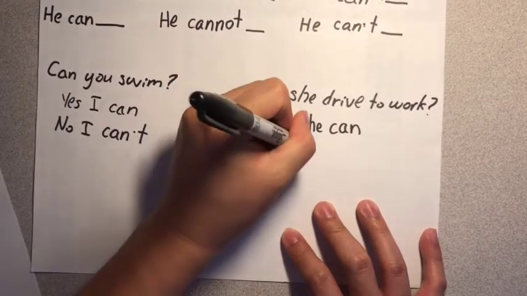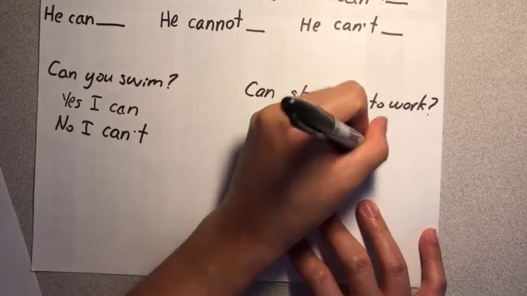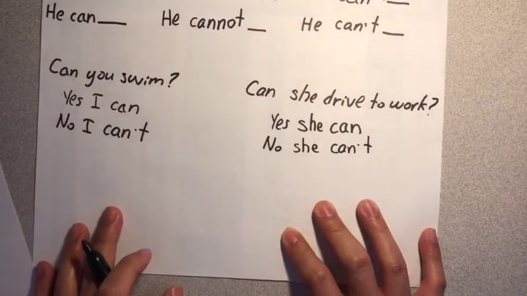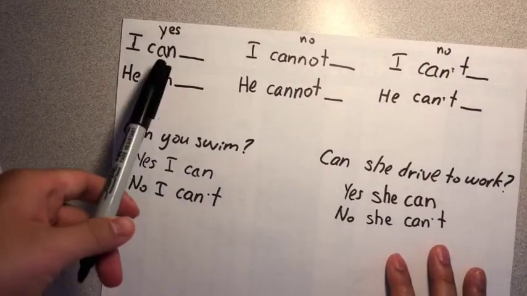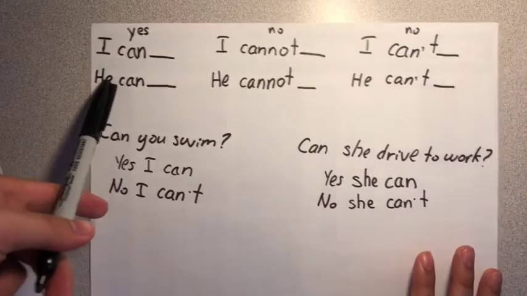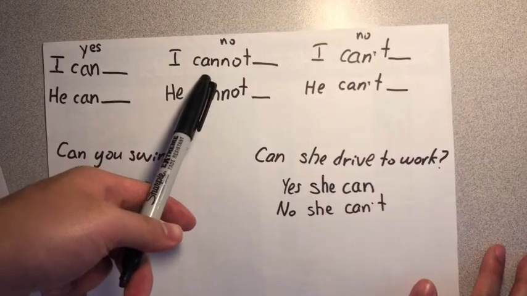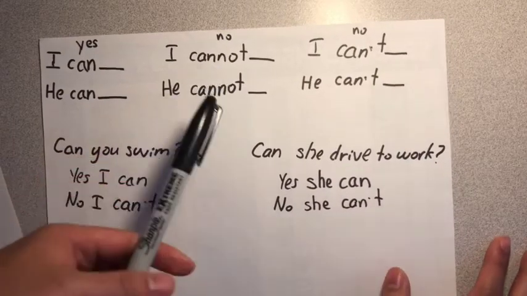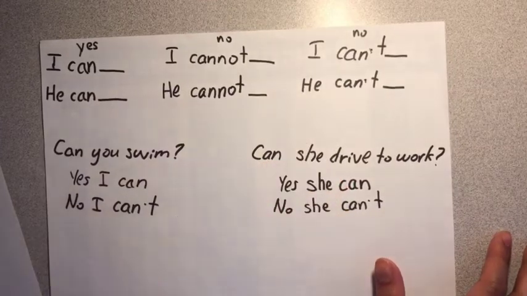No, she can't. So, yes, I can. I can do this. I know I can do this. It's easy. I cannot do this. It is not possible. It is impossible. I cannot. Or, I can't.